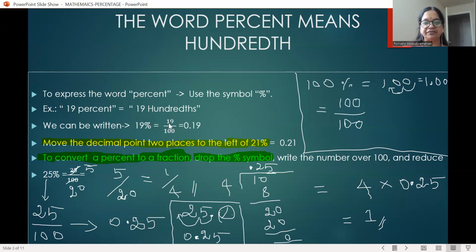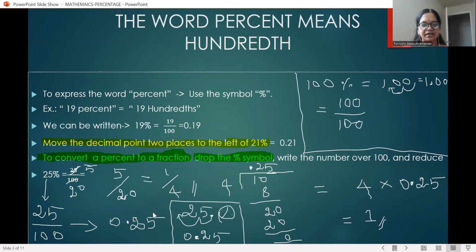In the numerator it will be 19, in the denominator it's 100. If you write this 19 percentage as a decimal value, you have to move the decimal point towards the left for two decimal places. We will see this in the following videos. I will explain in detail so you understand very well.